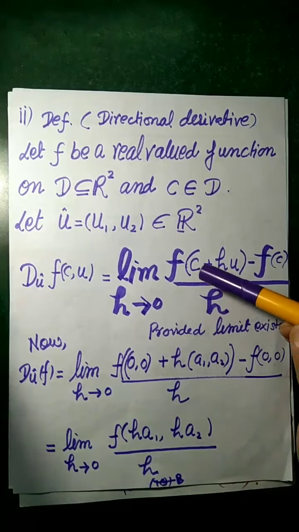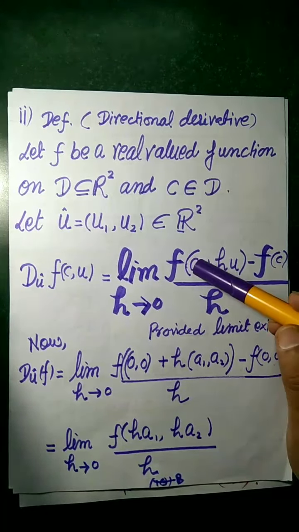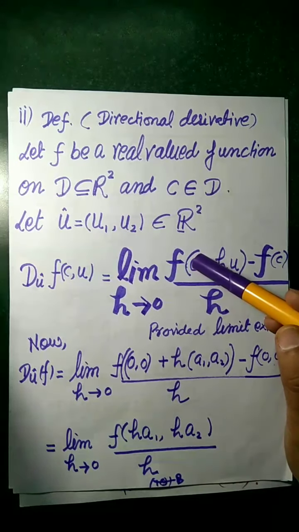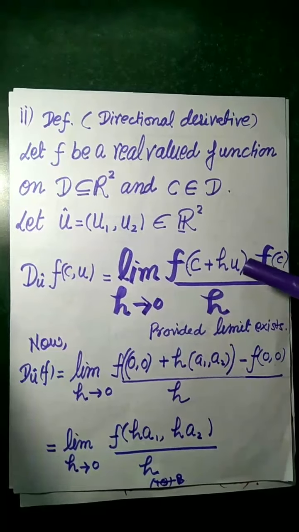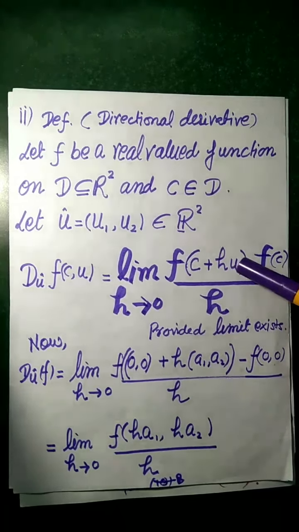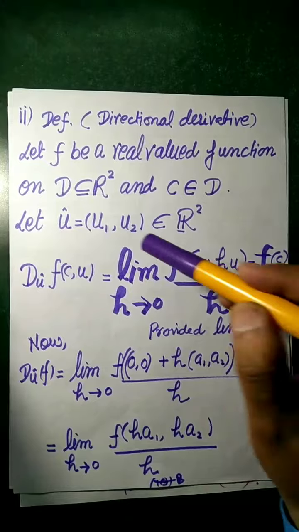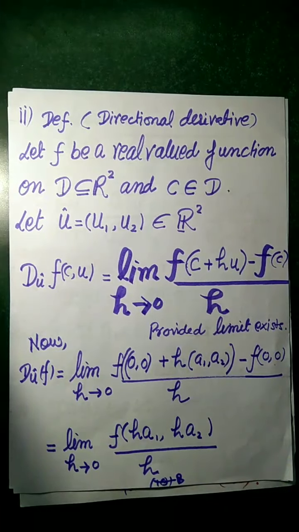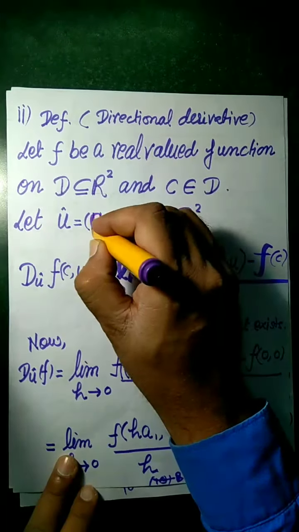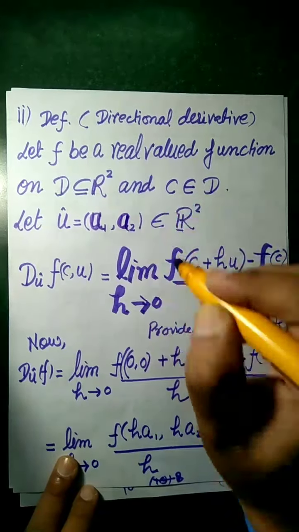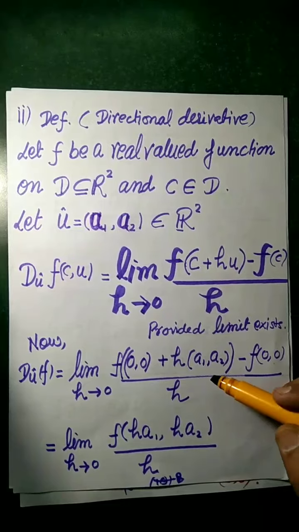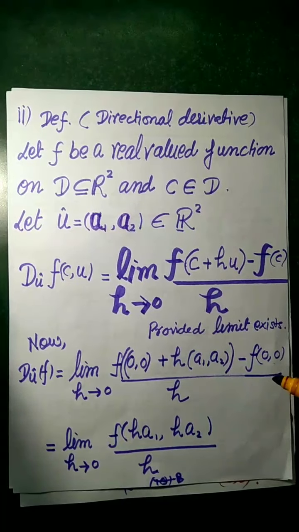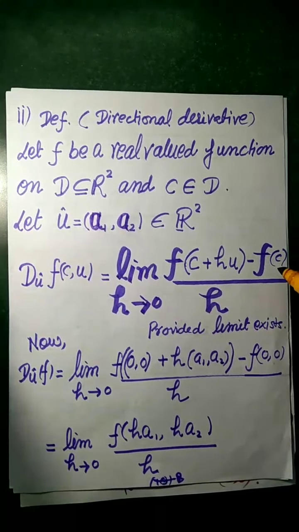On putting in all the values, because we want to obtain the directional derivative at point (0, 0), c is (0, 0). We are considering u as (e1, e2) according to our situation. So f(h e1, h e2) minus f(0, 0), we want the directional derivative at point c.